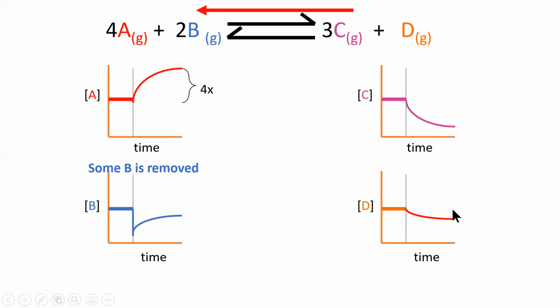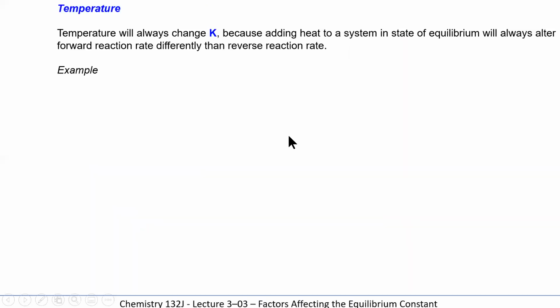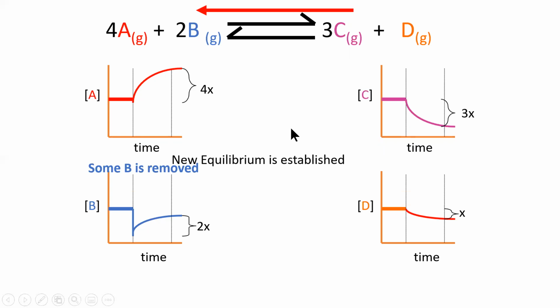D goes down again by that amount, this amount right here, from here to here. And C will go down by 3 times as much as D goes down. So we can just put those values on the curve here just to show it. Sorry about that, it ran away on me.